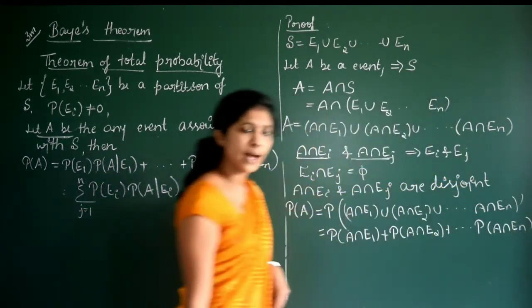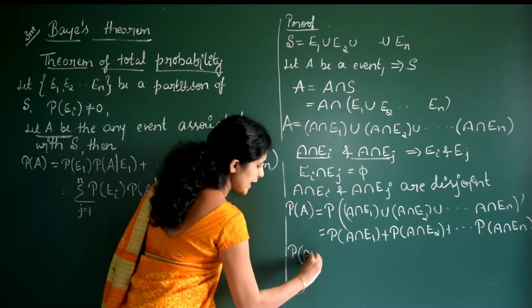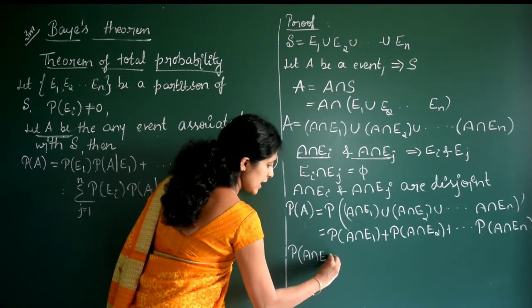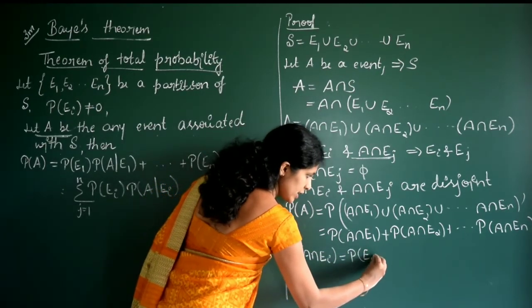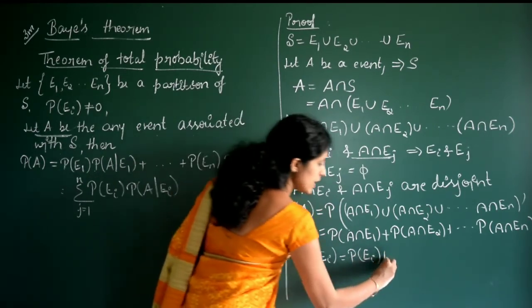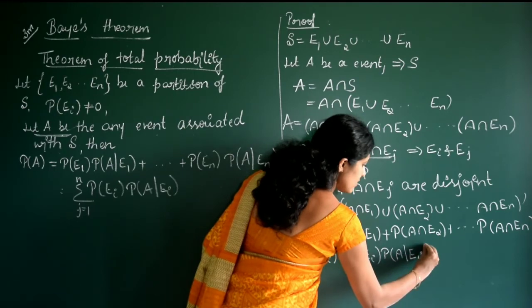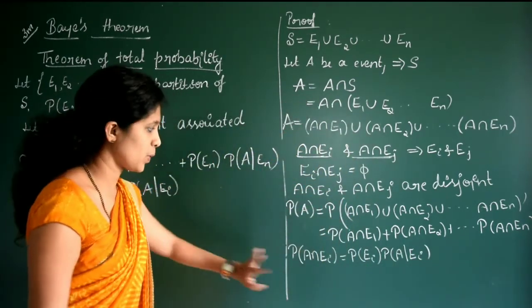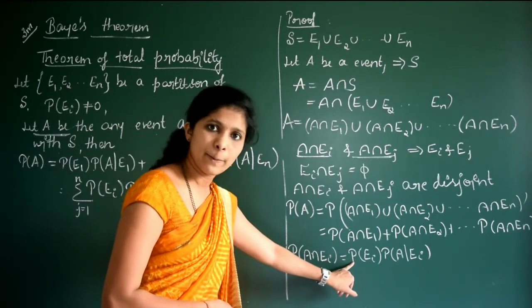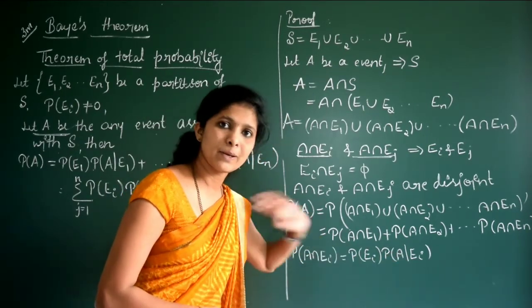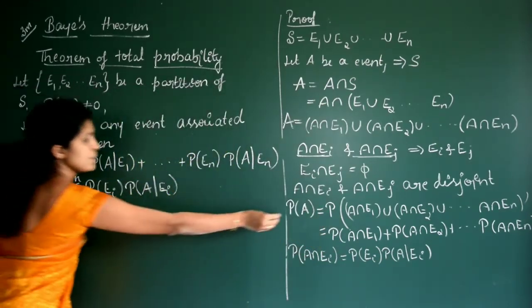By using the multiplication theorem, probability of A intersection Ei is equal to probability of Ei into probability of A by Ei, where Ei has already occurred. As I told you, this proof is not important, but understand this. We will substitute this here.